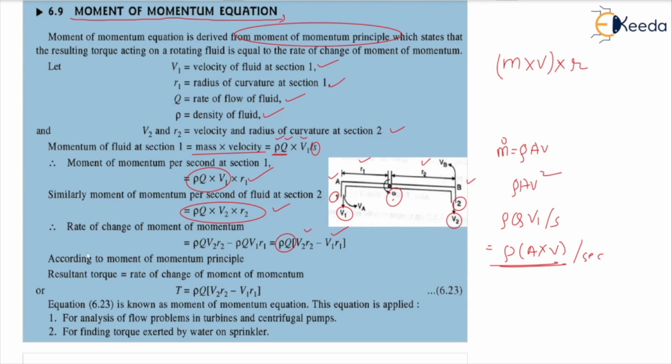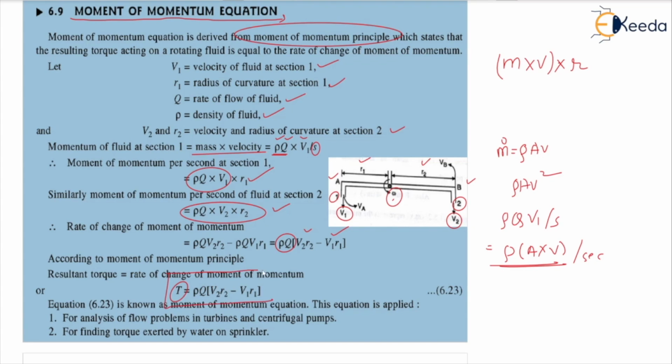So according to the momentum principle, resultant torque equals the rate of change of momentum. So the resulting torque T equals rho Q (V2 R2 minus V1 R1). Equation 6.23 is known as the momentum equation.